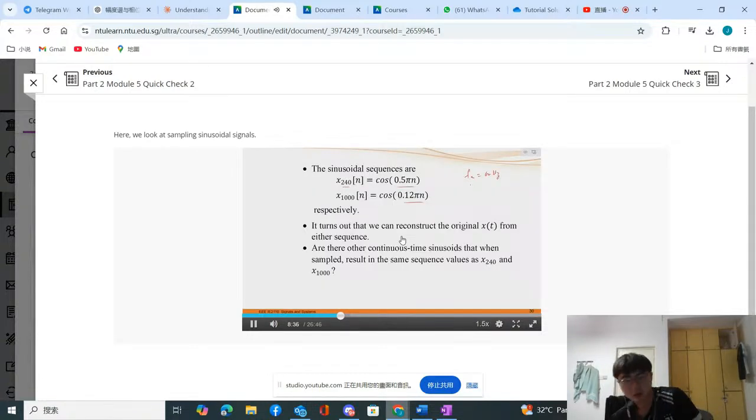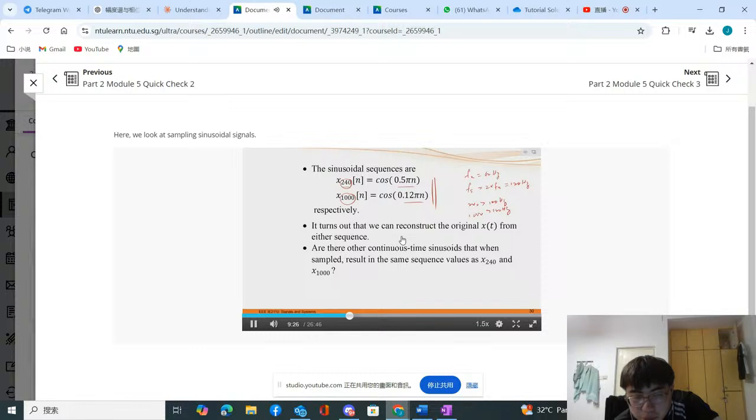So in fact, the sampling rate must be at least 2 times fa. That's what we learned from the low pass sampling theorem. So it must be at least 120 hertz. For this case, you are sampling at 240 and 1000. The sampling rate of 240 is much greater than 120, so they are above the Nyquist sampling rate, and 1000 is also much greater than 120. Therefore, from these two sequences we can recover the original signal.